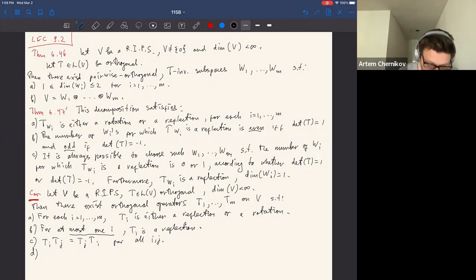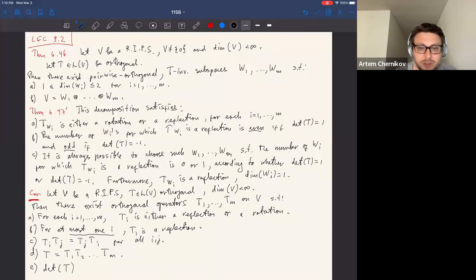D, so finally, we have that T is the composition of the Ti. So it's the composition of T1, T2, etc., Tm. And the last point, E, which tells us the behavior of the determinant.